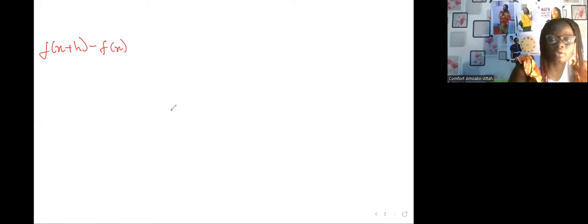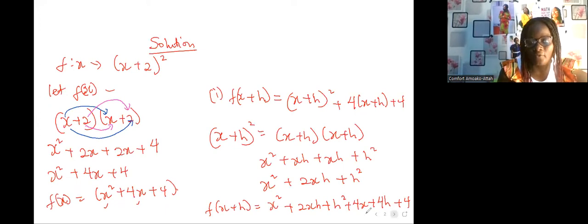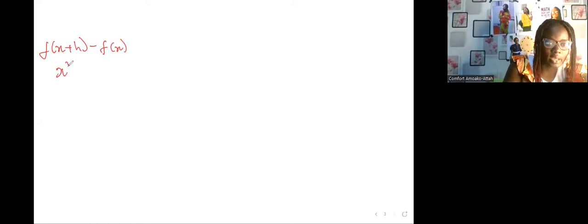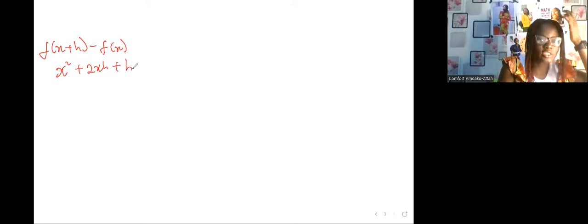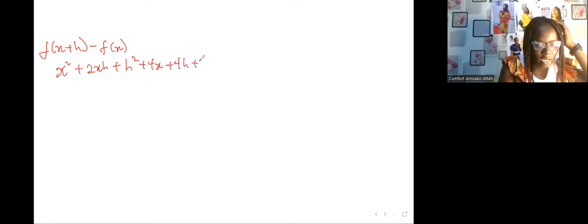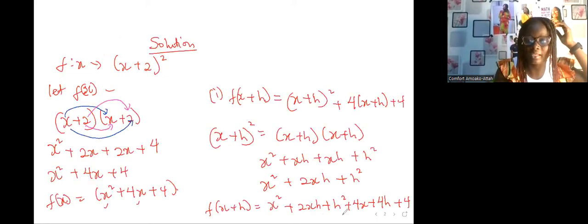Okay, so going to the second step, f of x plus h minus f of x. This whole thing is our f of x plus h, right? So let's list them. x squared plus 2xh plus h squared plus 4x plus 4h plus 4 minus, that is the whole of this.